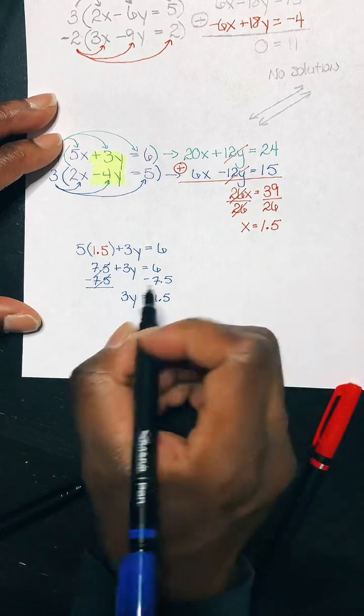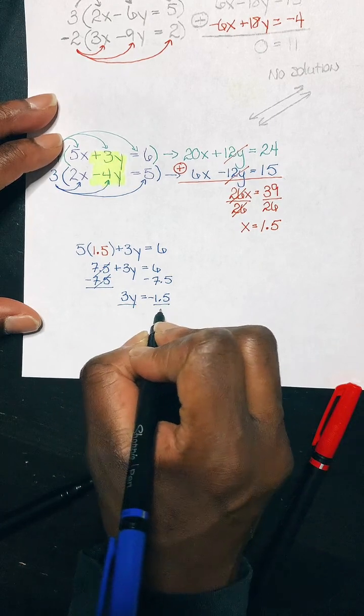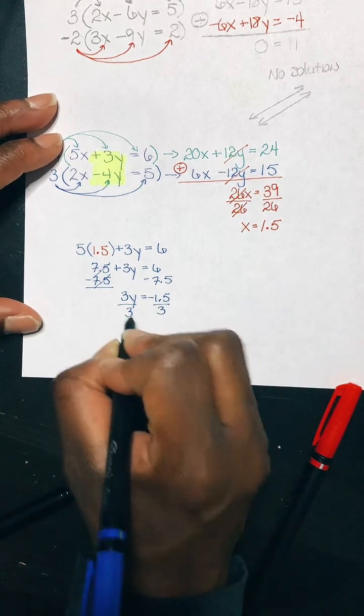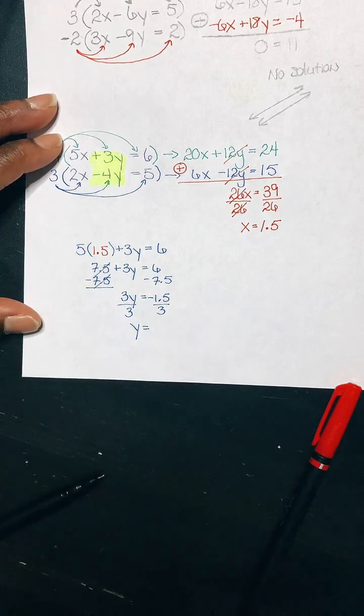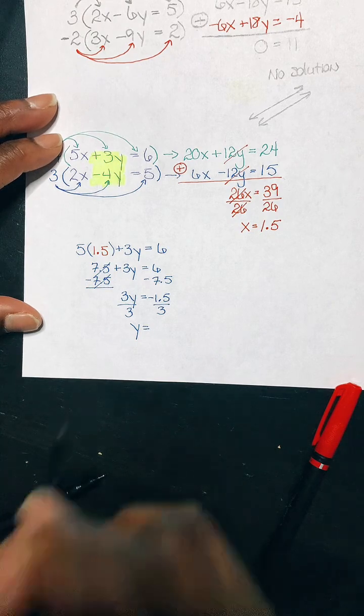All right, now, yes, divide both sides by 3. So y will equal what? Okay, how'd you get 7.5?